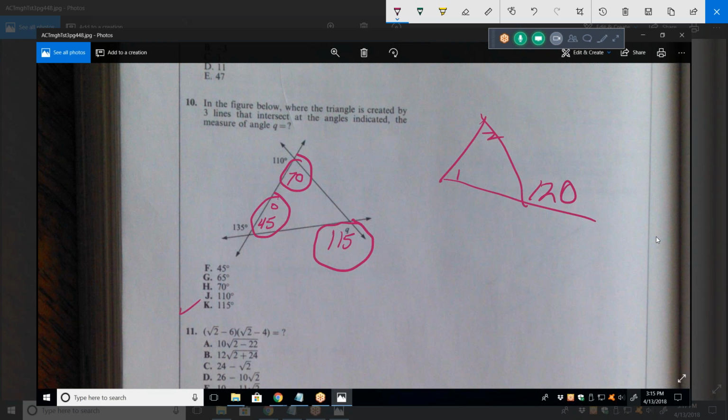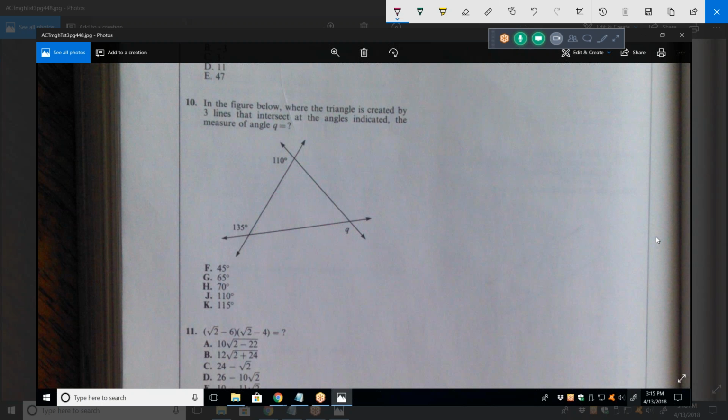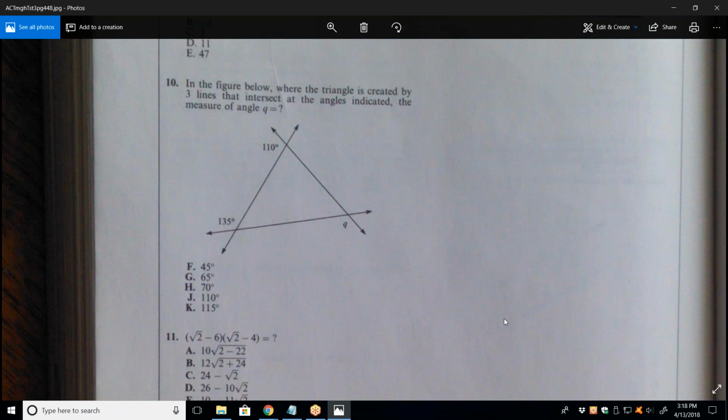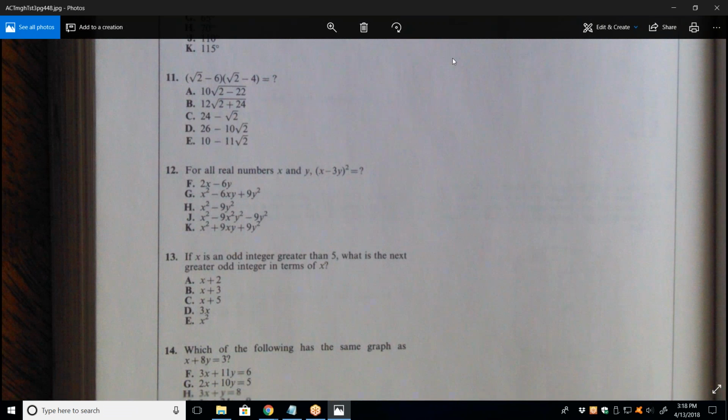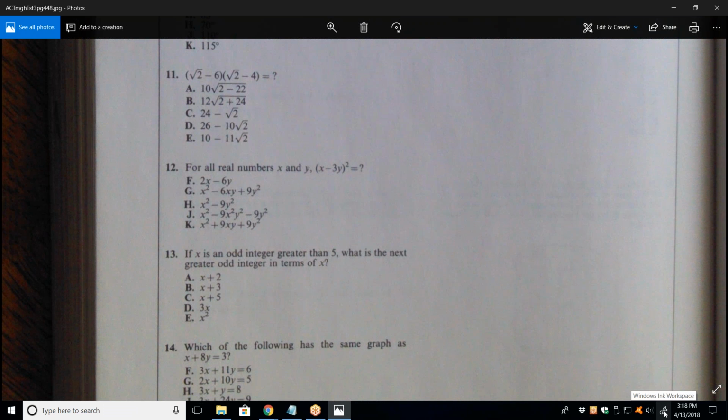It's 120. That's called the exterior angle rule. You had to get one additional step where you had to find that angle, and then determine what was supplementary to that angle, which is fine. Whenever I see a big tip that I can give you, I try to. Okay, thank you.